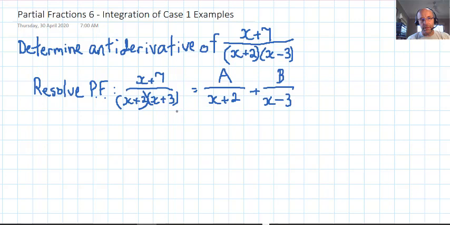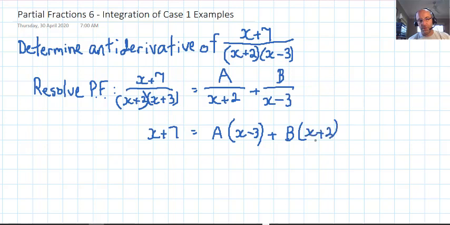We've got a pair of distinct linear factors on the denominator. So using methods we've seen previously, we get this all-important equation. Then we use substitutions, x equal 3, so we get 10 equals 5b, b equals 2.